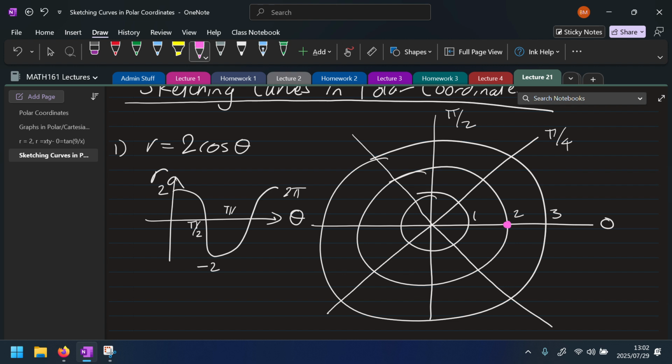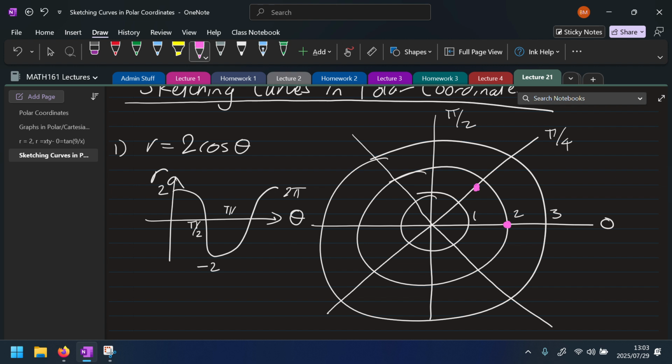Okay, so we have r of theta, and we're looking at pi over 4. What will it be? Root 2. Good. Okay, so that will be somewhere there. Well, it's less than 2, so somewhere.